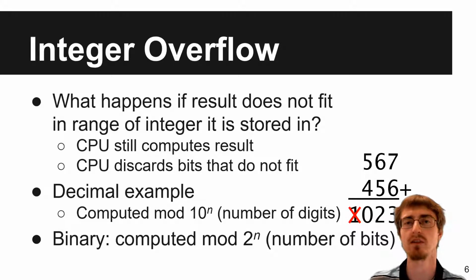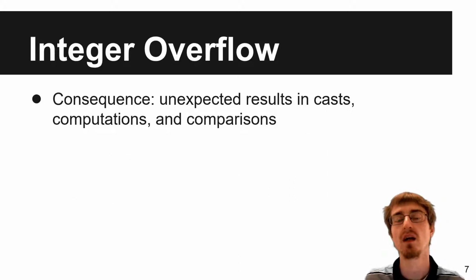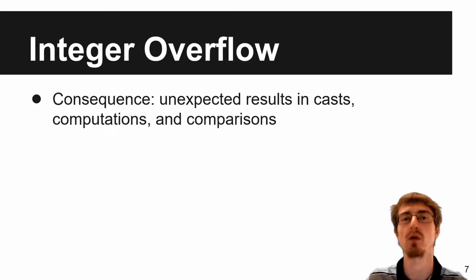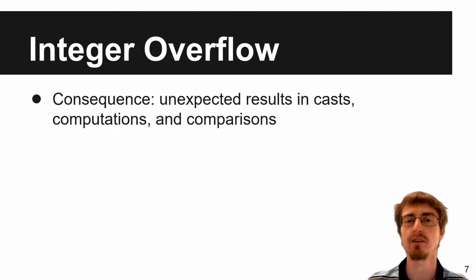If a programmer doesn't realize that their numbers might go out of range, then the result modulo 2 to the power n could be very unexpected, and this could cause all sorts of issues that also have a security impact. So, unexpected results for the programmer. When do we get these unexpected results? Well, generally speaking, this can happen in case of casts involving integers, computations involving integers, as well as comparisons.